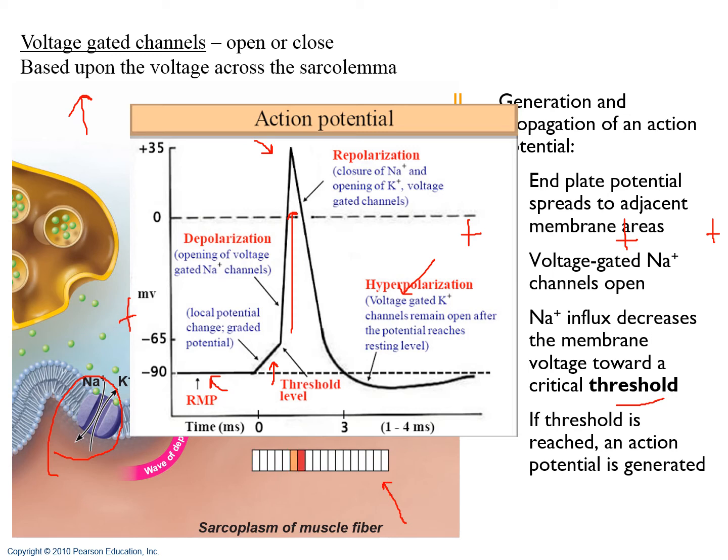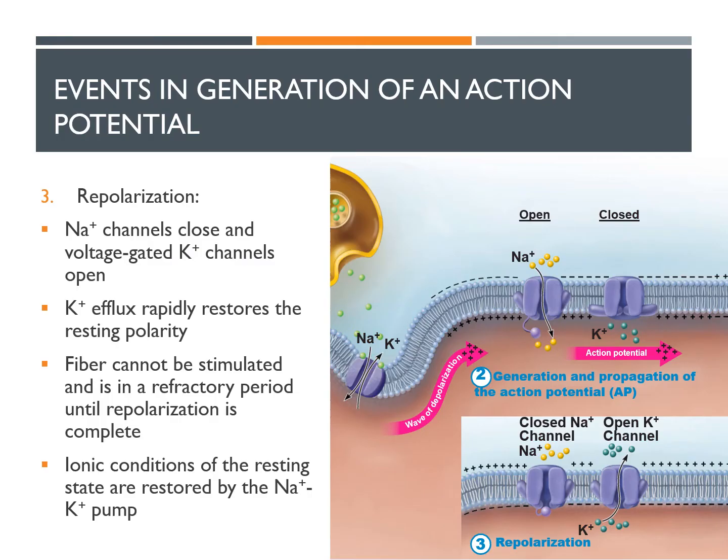The red bar shows you the opening of those sodium voltage-gated channels and the closing of the potassium voltage-gated channels happening at different sections of the membrane along the muscle cell. So depolarization of the sarcolemma is going to stimulate cells to contract.